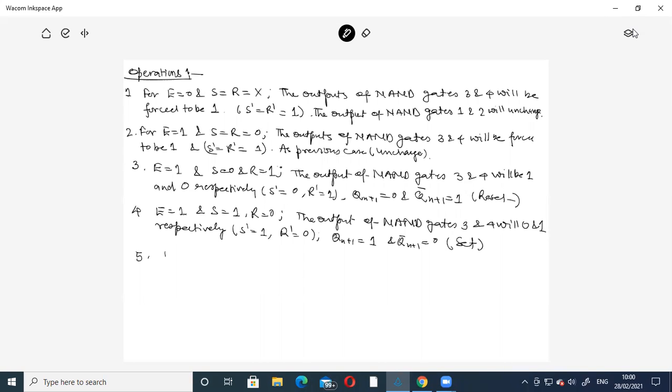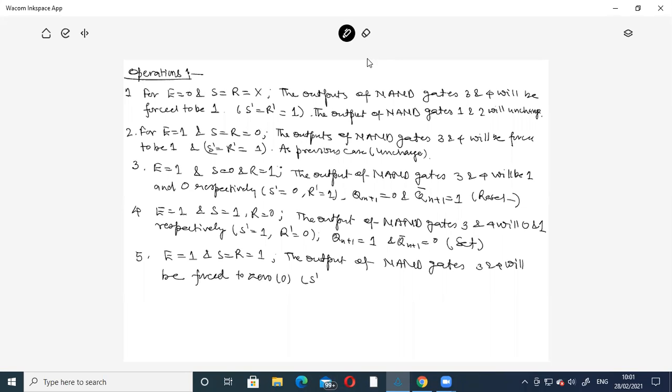And the last point is E is equal to 1 and S is equal to R is equal to 1. The output of NAND gates 3 and 4 will be forced to 0, 0, that is S dash is equal to R dash is equal to 0.